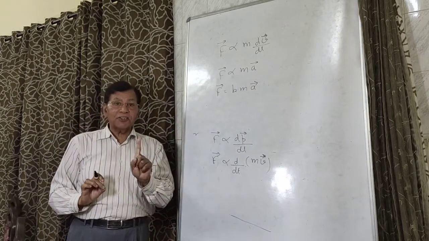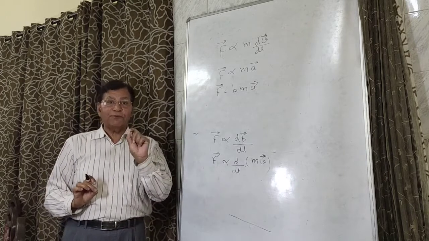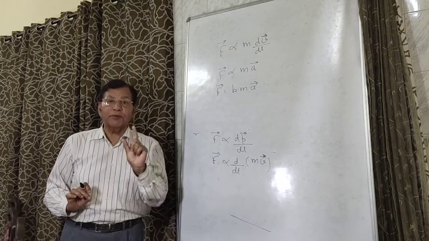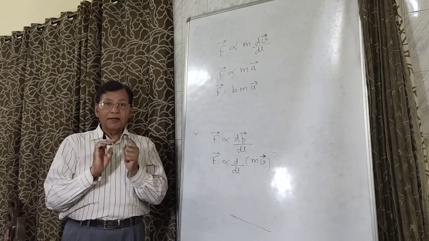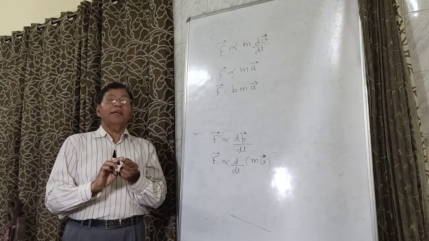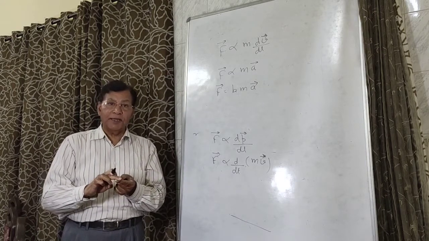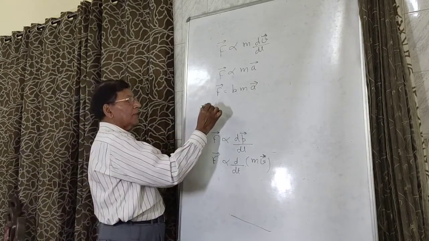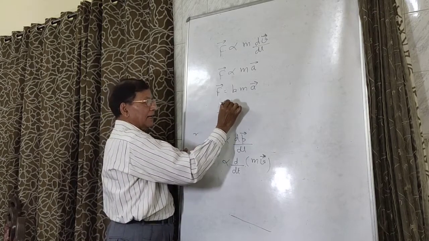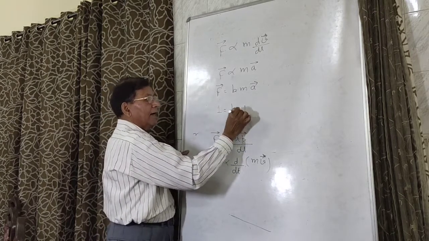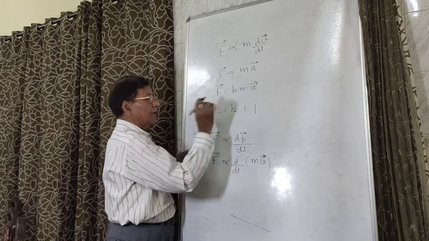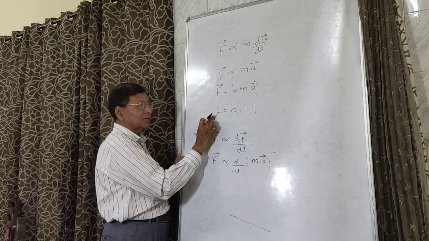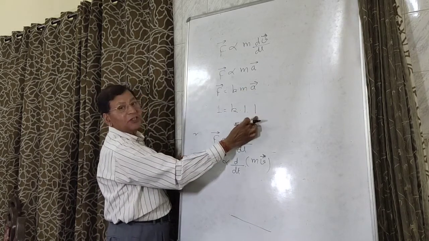If we select a unit force as that force which produces unit acceleration in a body of unit mass, मतलब अगर हम यूनिट फोर्स उस फोर्स को लें जो किसी यूनिट मास वाली बॉडी में यूनिट एक्सेलरेशन पैदा करे, देन दिस इक्वेशन विल बिकम, F हमने यूनिट लिया, k तो है ही, मास भी कितना लिया यूनिट, और एक्सेलरेशन भी यूनिट.